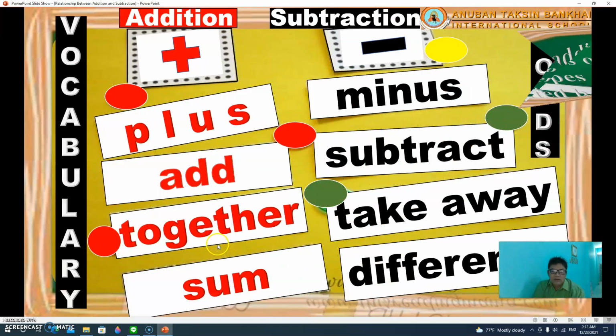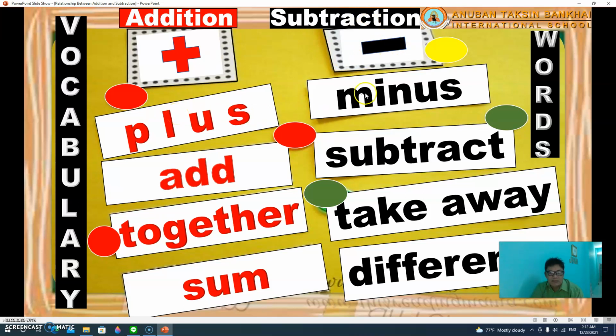These are the vocabulary words of addition and subtraction. This is the sign of addition and this is the sign of subtraction.